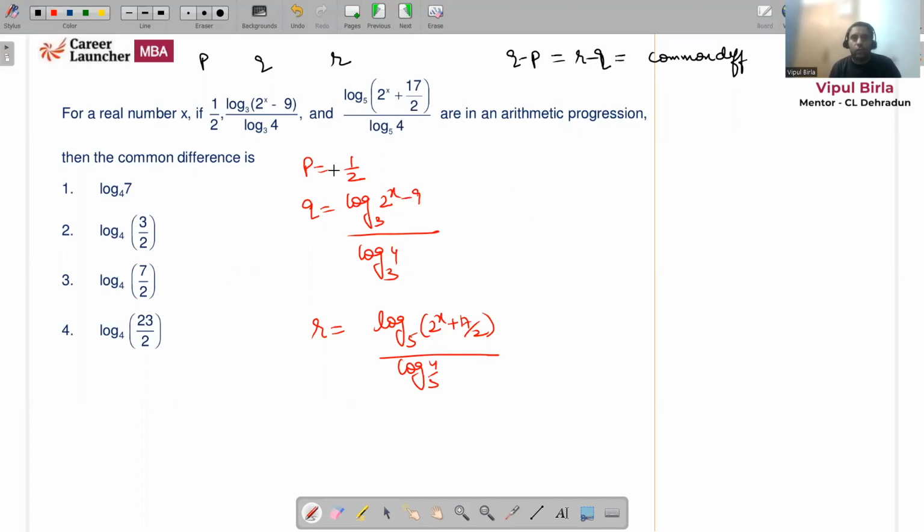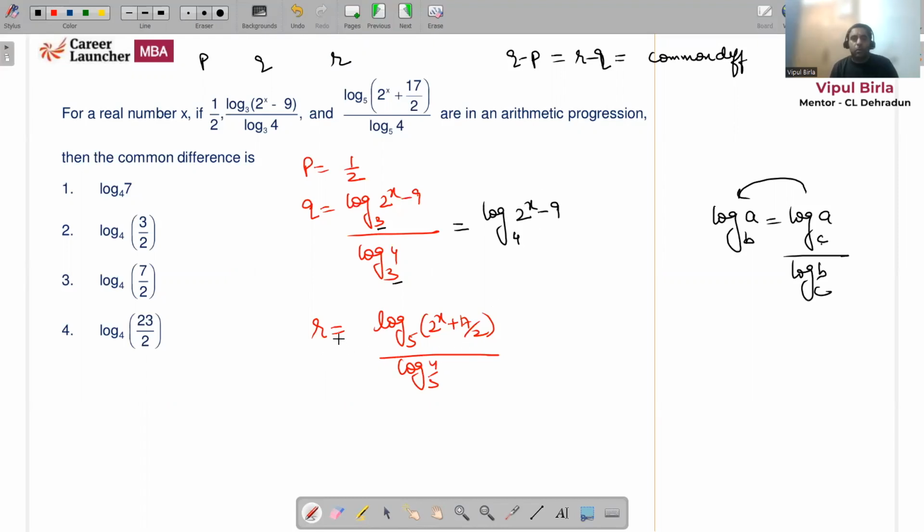For Q, the base is 3. One of the properties of logs is the base changing formula, log a to the base b equals log a to the base c upon log b to the base c. So just do the reverse of that, because here c is the same, which is 3. So this can be rewritten as log of 2 to the power x minus 9 to the base 4.